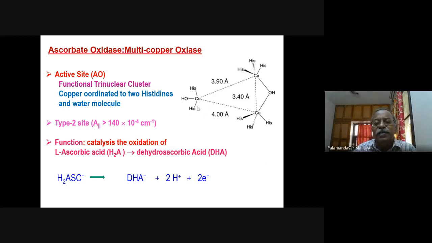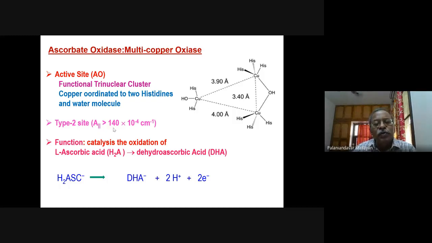To do the enzymic activity, and this copper site, hydroxide bridge of histidine. So this is present in other enzymes also. This is essential to keep your dioxygen here, activate that, and transfer the oxygen to this copper site. So this is a copper 2 site, type 2 site.